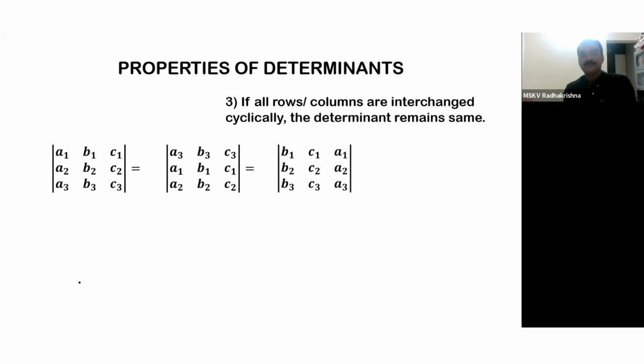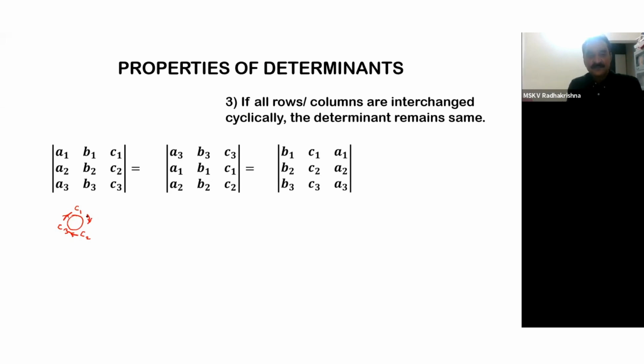Another property is if all rows or columns are interchanged cyclically, the determinant remains same. What is cyclic interchanging? You can do the cyclic interchanging with respect to the rows or with respect to the columns. Cyclic interchanging means you take a circle, take C1, C2, C3. C1 becomes C2, C2 becomes C3, C3 becomes C1. If you interchange like this, it is called cyclic interchanging.